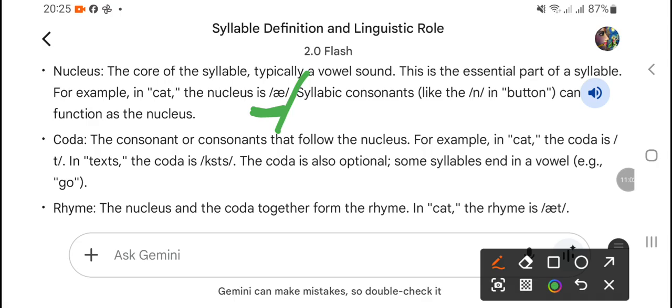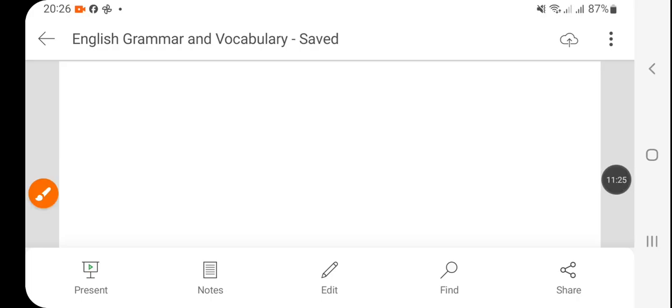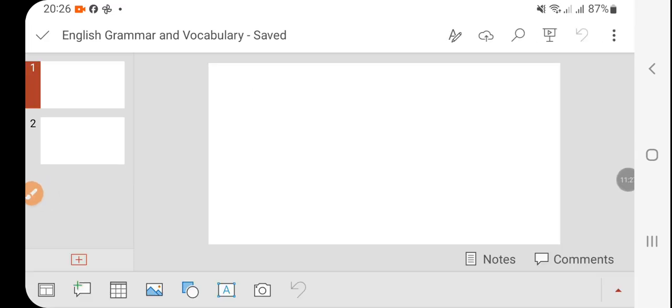Now sometimes there is no vowel but something acts as a vowel. How? Like N in button can function as nucleus. See here, N in button.